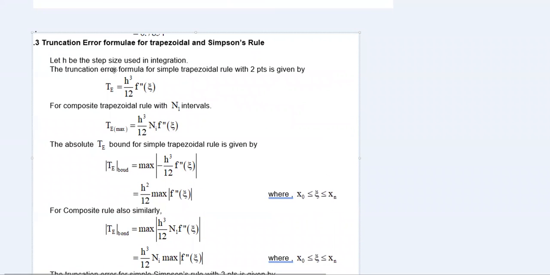Let h be the step size used in the integration.